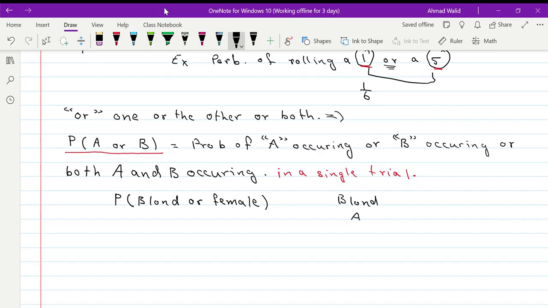Or it can be just a female student, but not blonde, which is your probability of event B. Or someone can be female and blonde, both of them. You see, event A or event B or both.